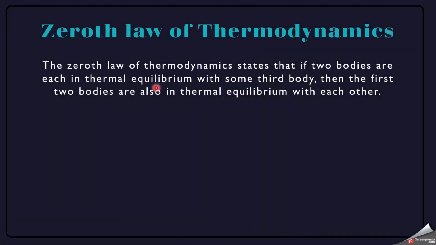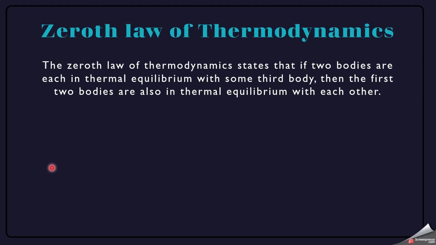First, zeroth law of thermodynamics. It states that if two bodies are each in thermal equilibrium with some third body, the first two bodies are also in thermal equilibrium with each other. Let us learn through some examples.